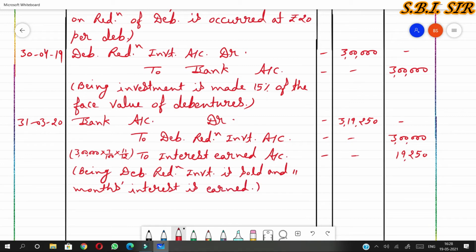Then students, we have to prepare here debenture redemption investment account. Then these two entries will be transferred to debenture redemption investment account debit side as well as credit side.